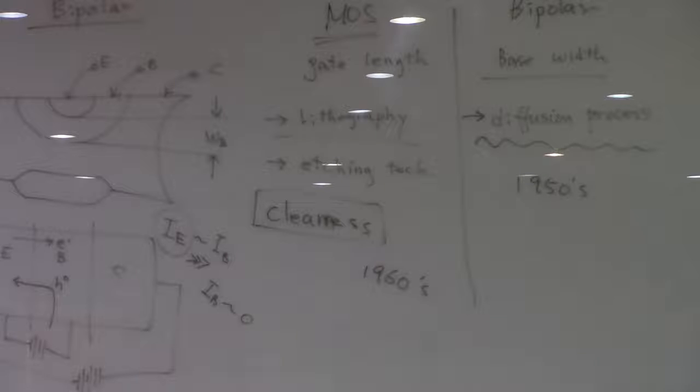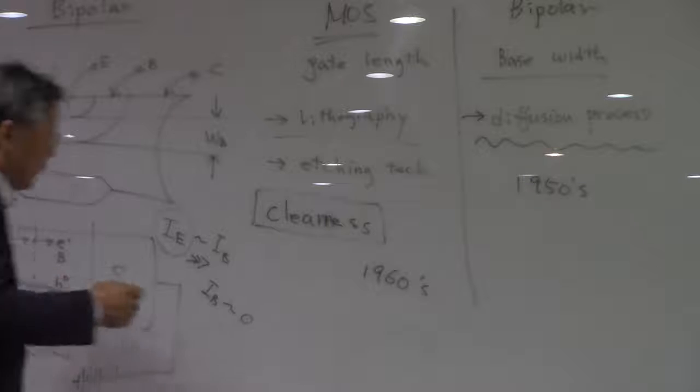I mean, the MOS can be much, much smaller than the bipolar transistor, so it is beneficial for integrated circuits. So MOS transistors take the place of bipolar transistors.